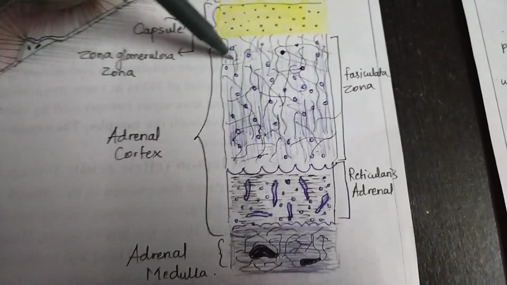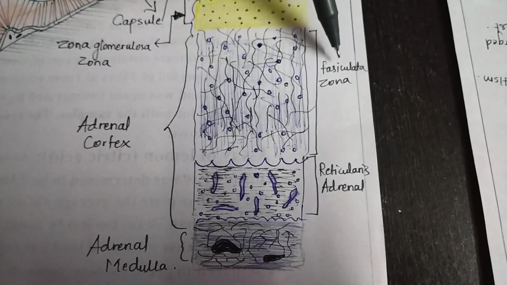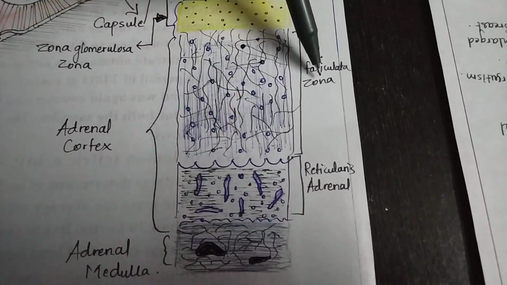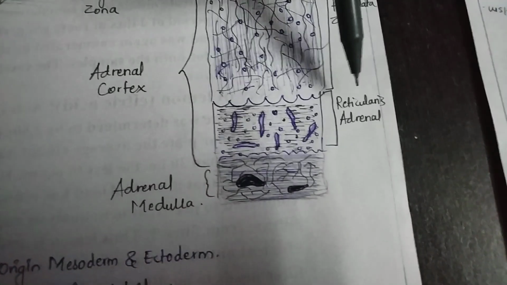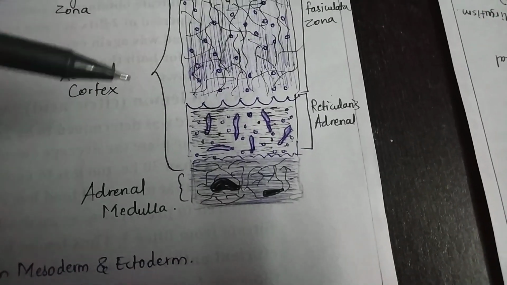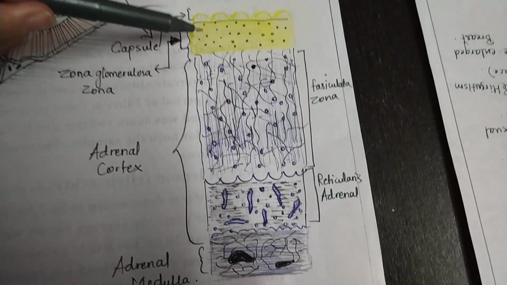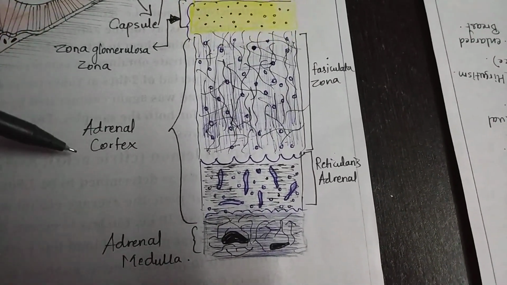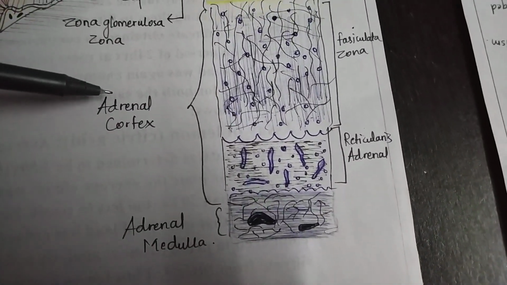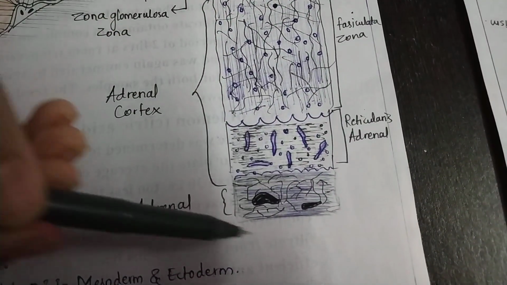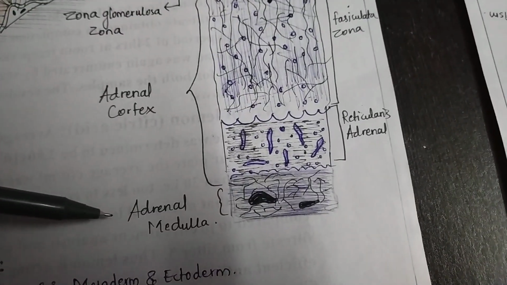Next, this portion entirely is known as zona fasciculata. The third part is zona reticularis. So 1, 2 and 3, this entire part is your adrenal cortex. And the small part over here that I've drawn is your adrenal medulla.